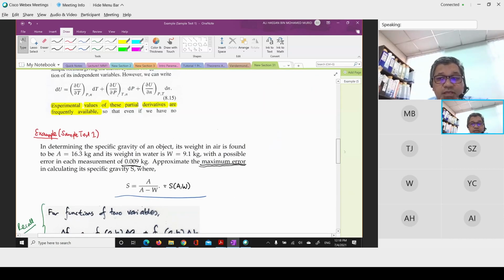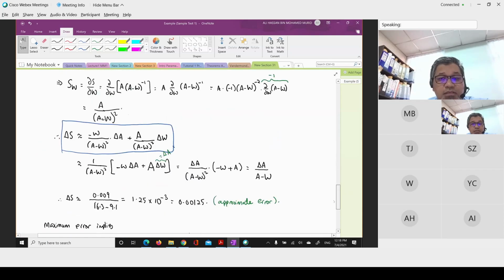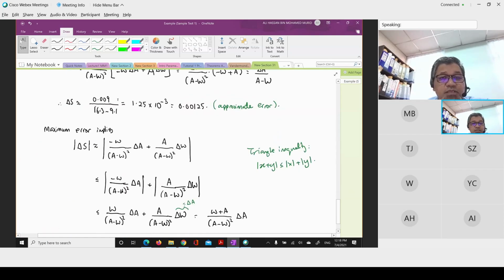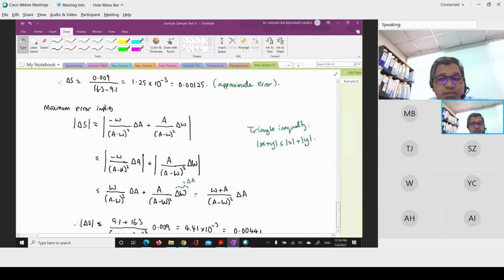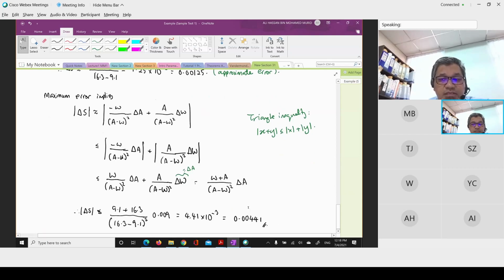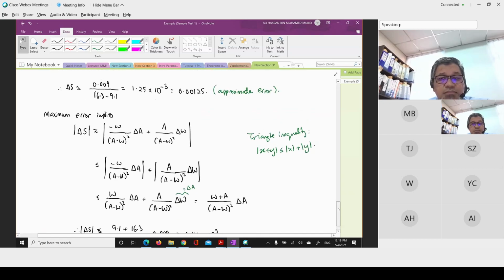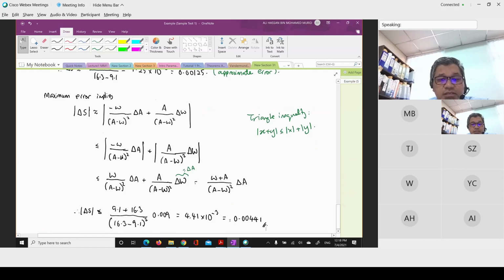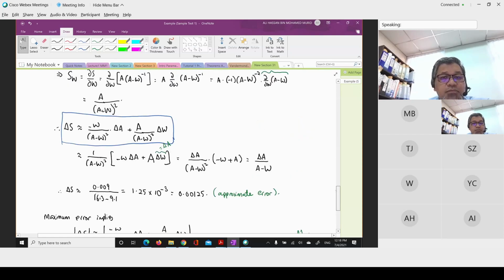It asks you for the maximum error. What you obtained earlier is just the approximate error. So this is the answer for this question. That means the actual error can be no bigger than this value. Any question for this example?